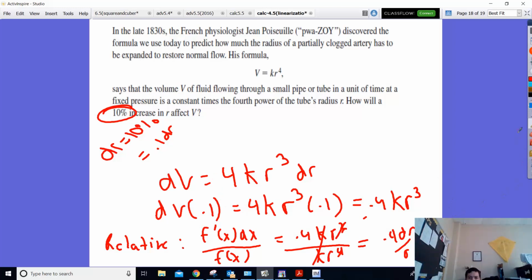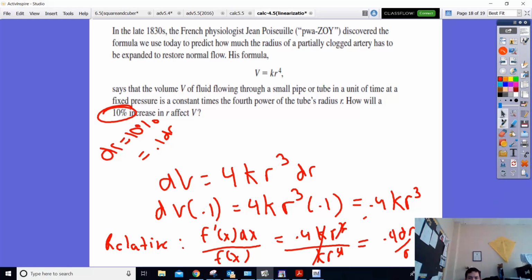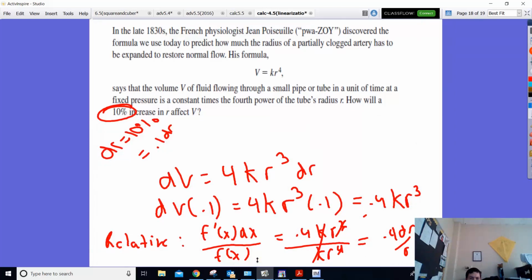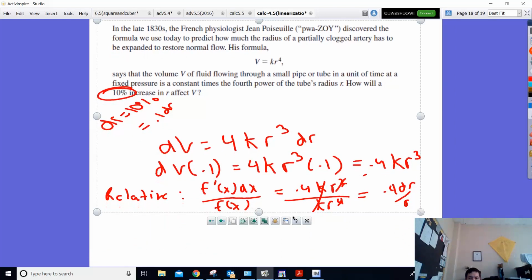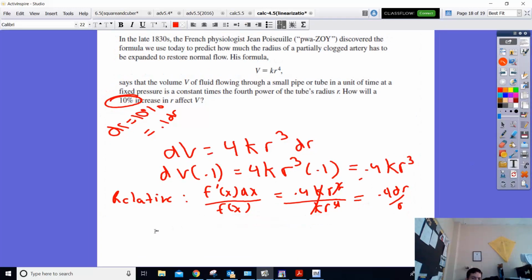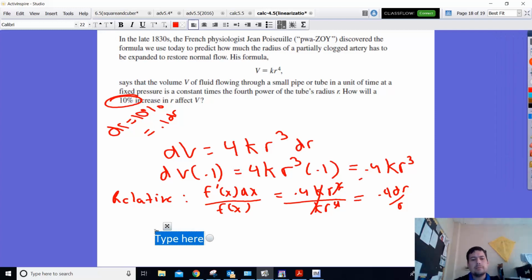Now let me shrink this up and try and explain this. Units are one of those things that people gloss over a lot. And I guess maybe I should push it harder. The truth is, I don't like them in the first place either. When I read 0.4 dr, how do I read that?